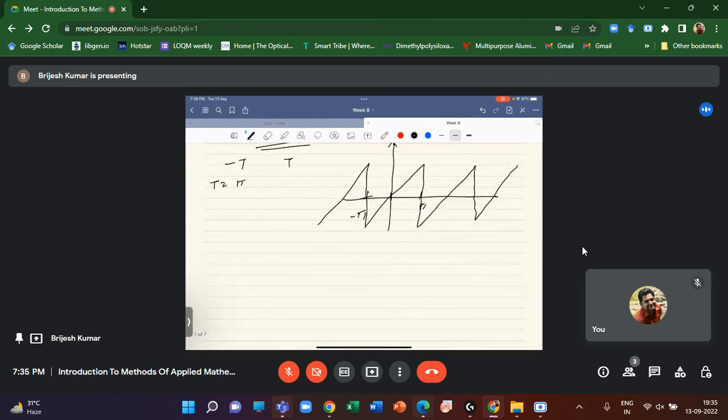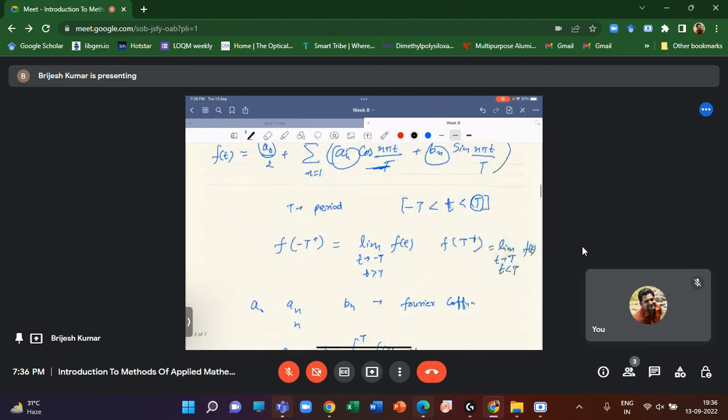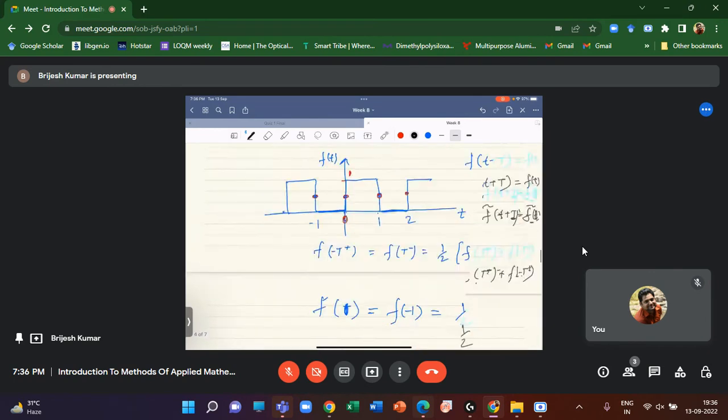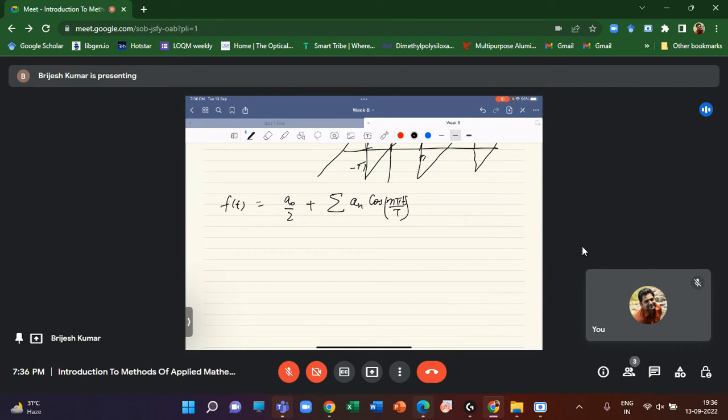So we have to find this Fourier representation first. The Fourier representation of any function f(t) is a naught by 2 plus summation of a n cos n pi t by t, and by the way, n pi by pi, pi is cancelled, here t, plus b n sin n pi t by t.